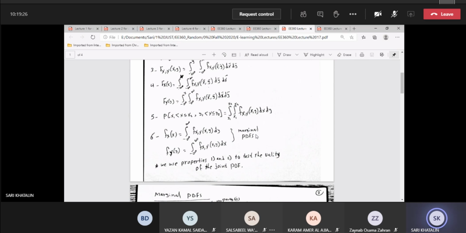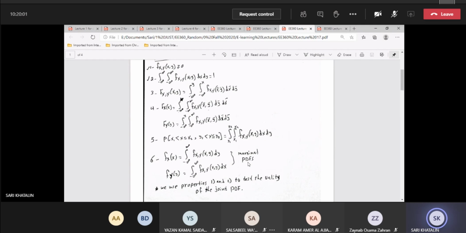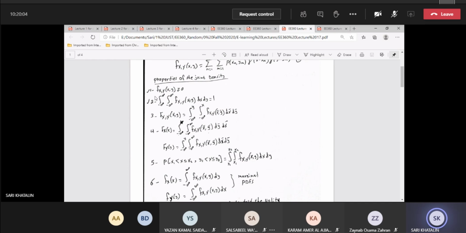And also the marginal PDF. We can derive the marginal PDFs from the joint PDF by, for example, if we need to find the marginal PDF for X, we integrate with respect to Y, and if it's Y, we integrate with respect to X. And again, if we need to verify whether a given function is a valid joint PDF or not, we want to make sure it's greater than or equal to 0, and the area under it is equal to 1.